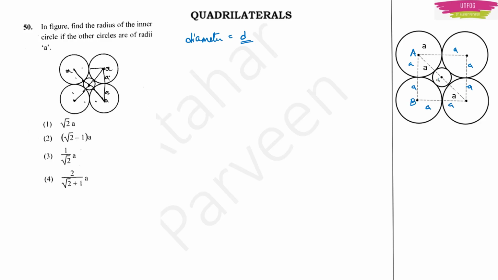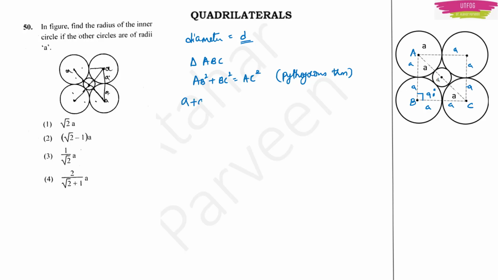Let me name this triangle ABC. So in triangle ABC, I can say that AB square plus BC square is equal to AC square. I have taken this as 90 degrees, so that's why I can apply the Pythagoras theorem. Okay. Now the only thing left is to substitute.